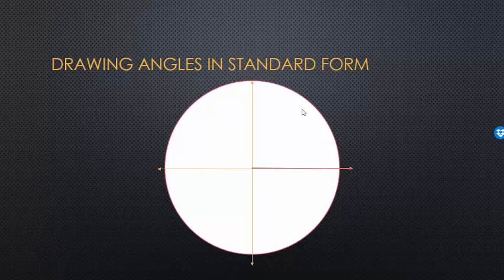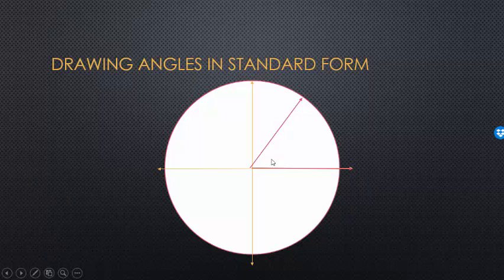Drawing them in standard form means that we put the initial side on the positive x-axis, and then we rotate the terminal side counterclockwise around the Cartesian plane. So I have a circle here. We often use a circle in trigonometry to organize our angles and our triangles.